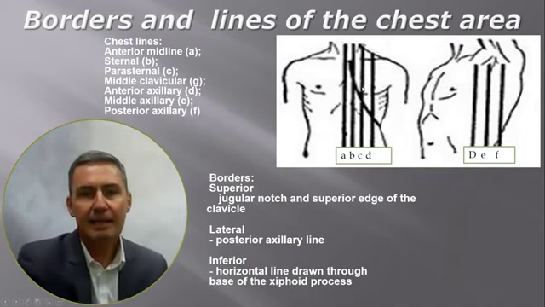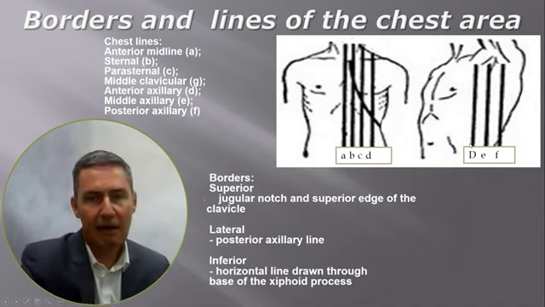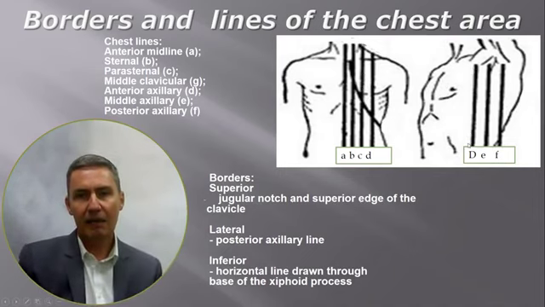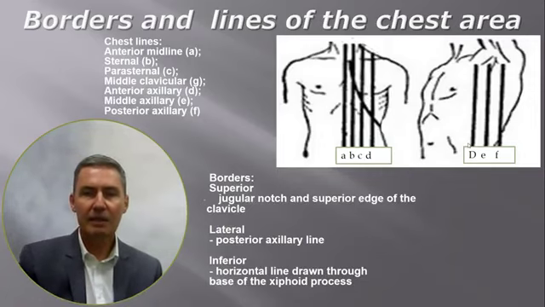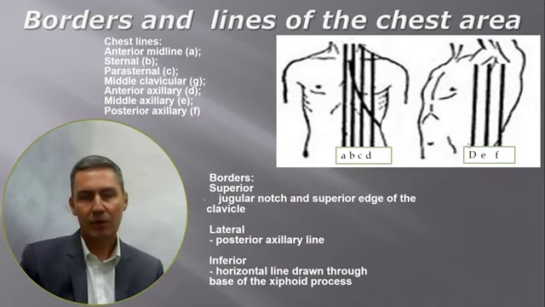Next line is the anterior axillary line. This anterior axillary line passes through the anterior wall of the axillary cavity vertically down. The mid-axillary line passes through the deepest point of the axillary cavity, and the posterior axillary line passes through the posterior wall of the axillary cavity, meaning through the anterior border of the latissimus dorsi muscle.